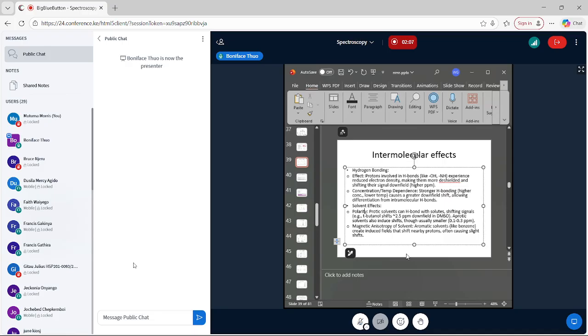In addition, if the solvent has magnetic anisotropic effects, then this interaction can affect the chemical shift of analytes.